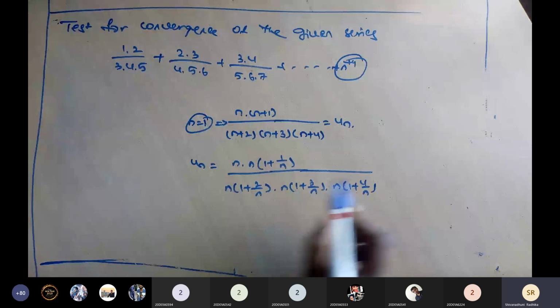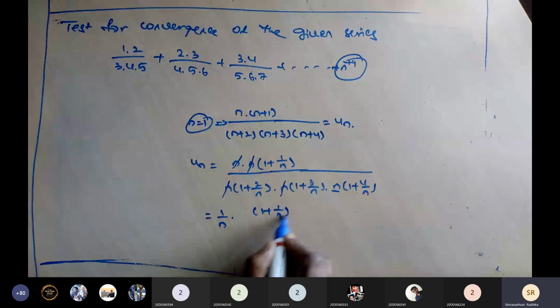Is it clear? Now n gets cancelled. What is remaining here? 1 by n into 1 plus 1 by n by 1 plus 2 by n, 1 plus 3 by n, 1 plus 4 by n.